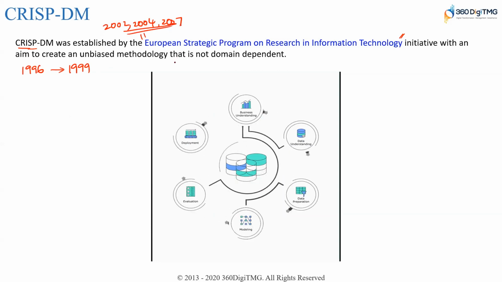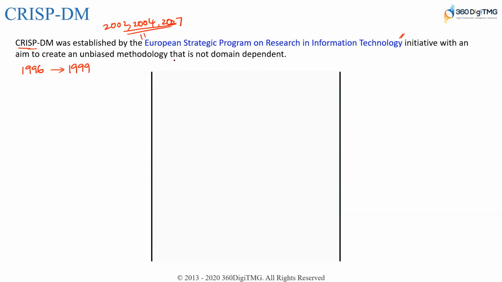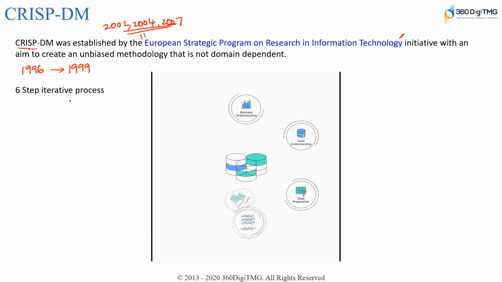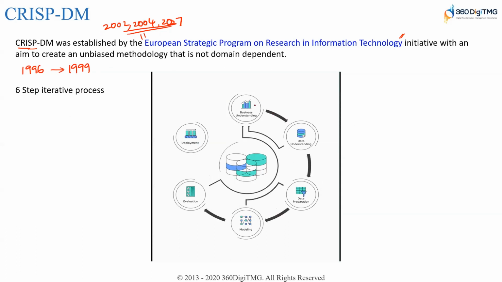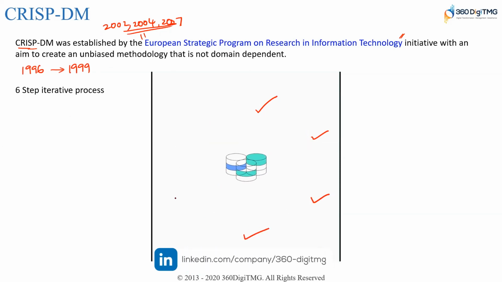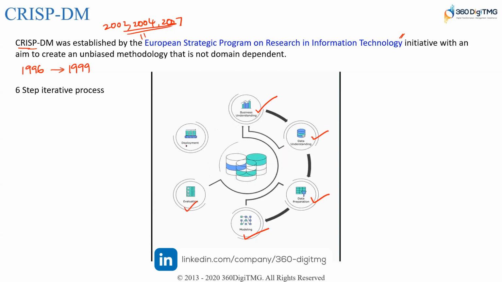They thought they will update it again, but then they became inactive. I'm not sure why they have become inactive, but it really makes sense to proceed further. It has a 6-step iterative process, hence you see that: business understanding, data understanding, data preparation, modeling, and then you have evaluation and deployment. Yep, you have evaluation and deployment, and this process would continue on and on.